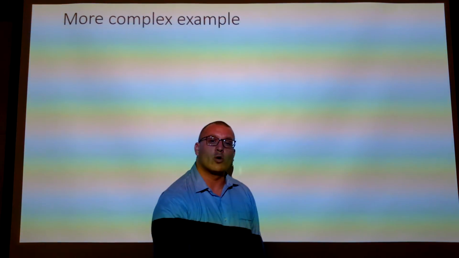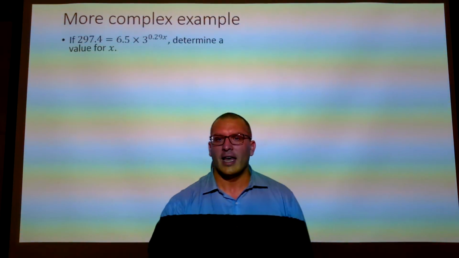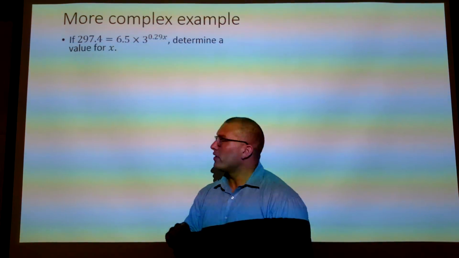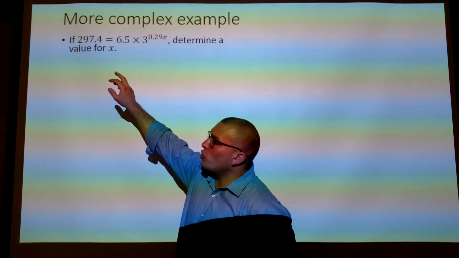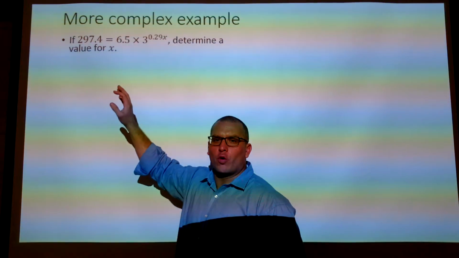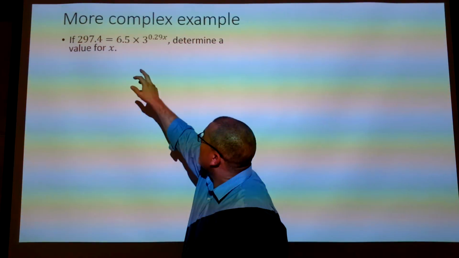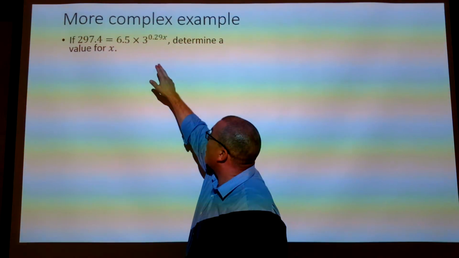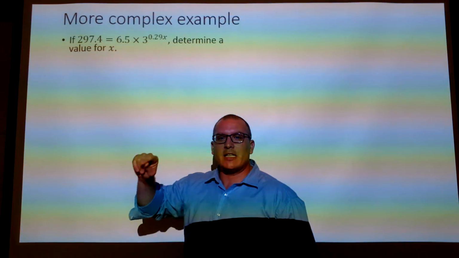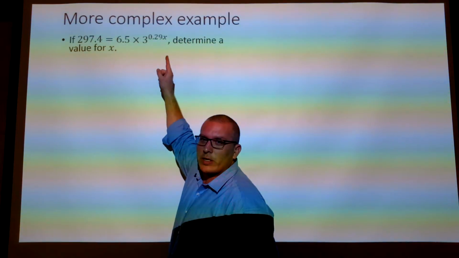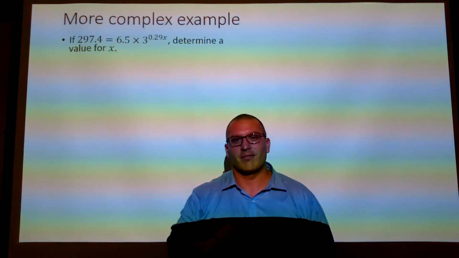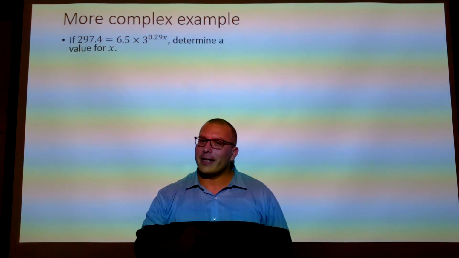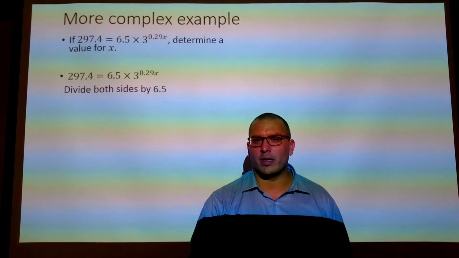Okay, let's try a more complex example. Here, what I have is 297.4 is equal to 6.5 times 3 raised to the power of 0.29x. Looks complicated, but again, it's exactly the same as we've been doing.